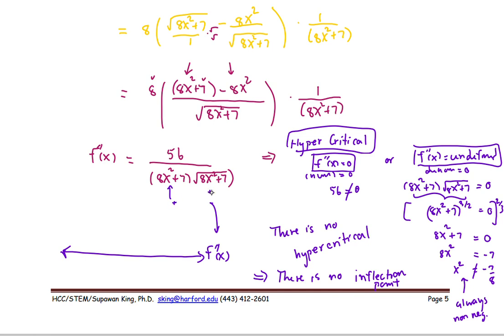With 56 always positive, the sign of f double prime is positive over the whole real number line. That means it's concave up for the entire real number line. So this is what we got. So no concave down.